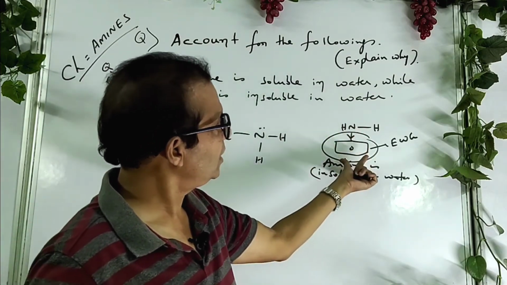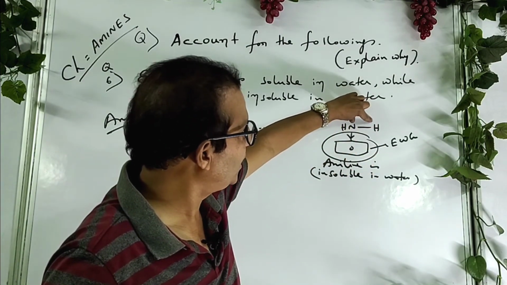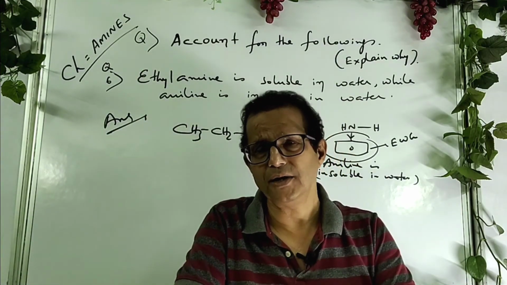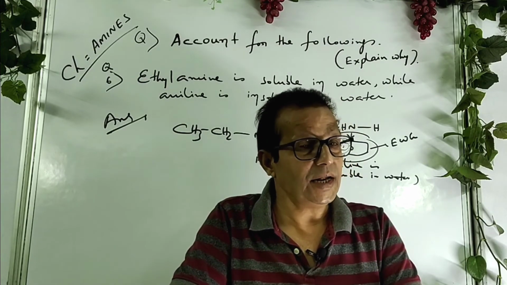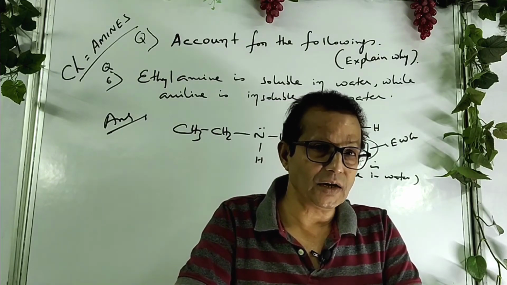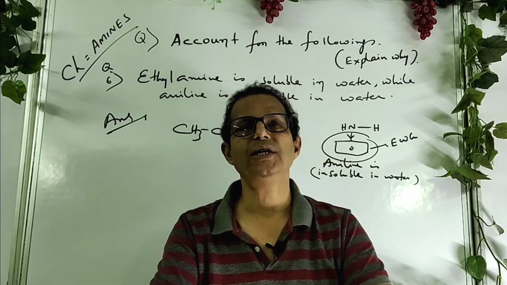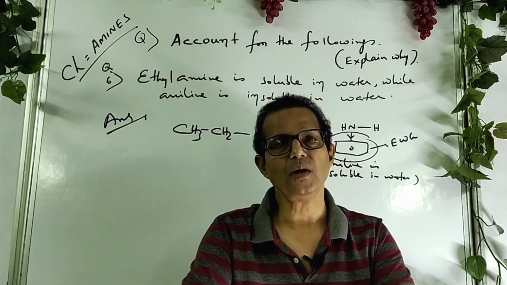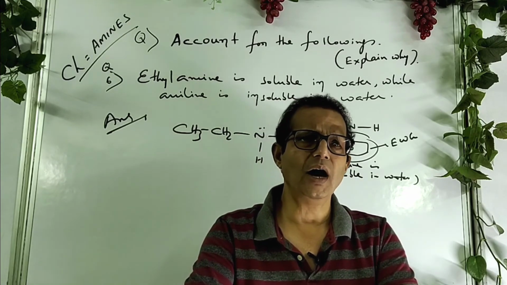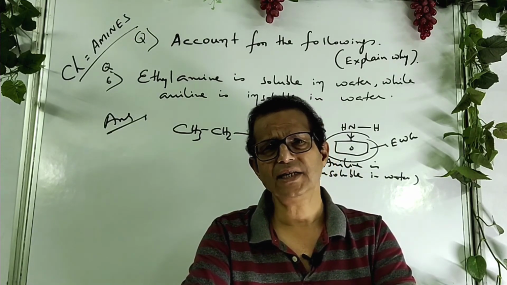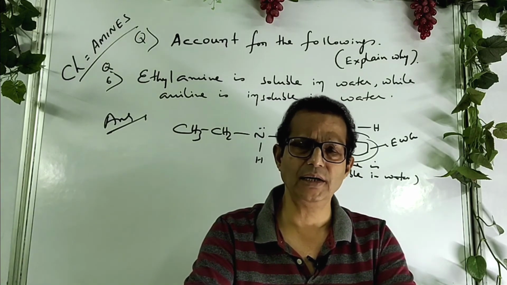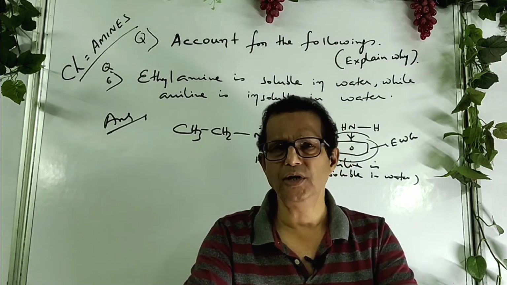Generally, you might say, sir, aniline contains an NH group, so it easily forms hydrogen bonding with water. No, actually in aniline, due to the presence of the benzene ring, it undergoes resonance, and that's why nitrogen becomes positively charged. Hence the polarity of the NH bond decreases to such an extent that it is incapable of forming hydrogen bonding with water. That's why aniline is insoluble in water.